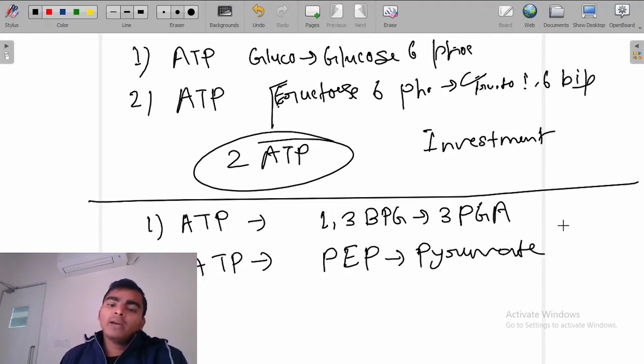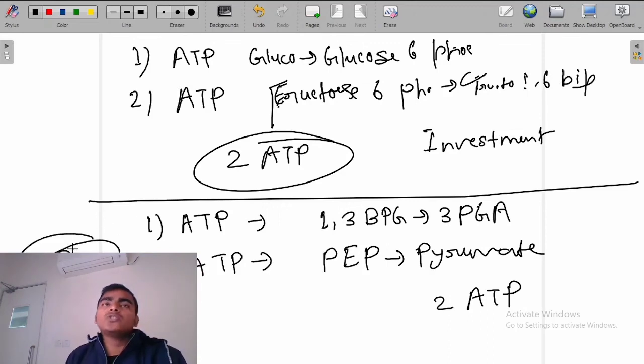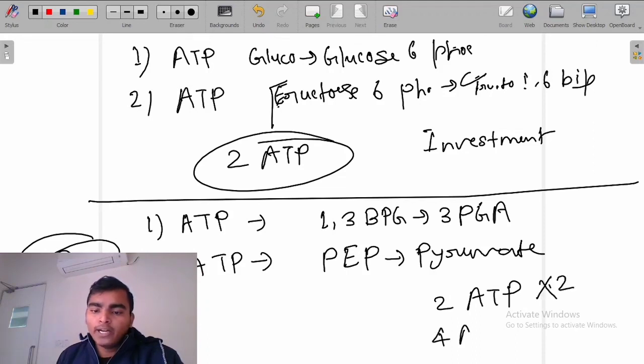So how many ATP have we got? 2 ATP from 1 glyceraldehyde 3-phosphate. I told you there are 2 glyceraldehyde 3-phosphates, as dihydroxyacetone phosphate was also converted into glyceraldehyde 3-phosphate. So 2 glyceraldehyde 3-phosphates are going to go through the steps together. That's why we get 2 ATP two times, that means we are going to get 4 ATP.